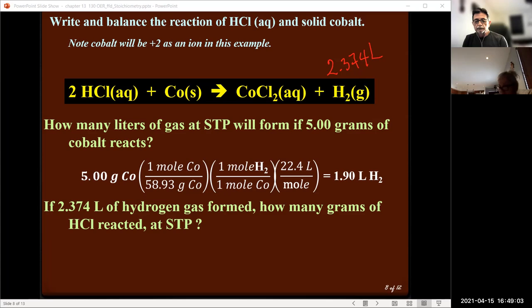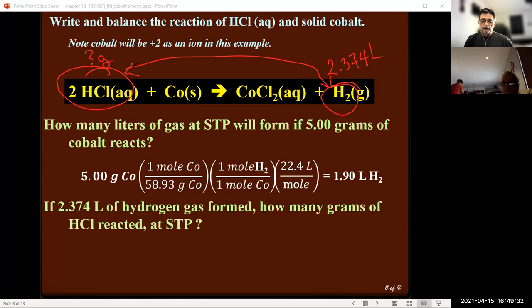They want to know how many grams of hydrochloric acid reacted to give us 2.374 liters of hydrogen gas. So we're only concerned about HCl and H2. Cobalt and cobalt(II) chloride are not in the picture.